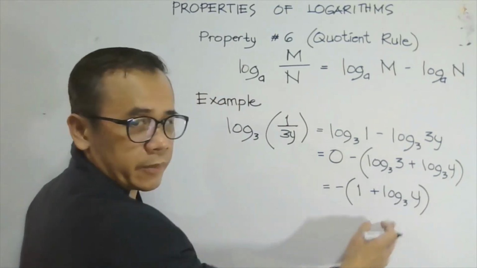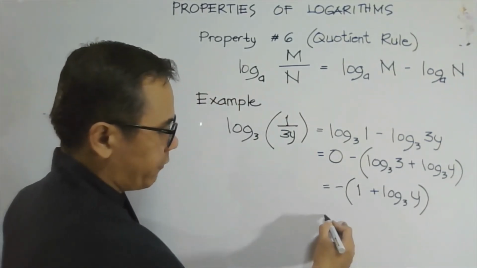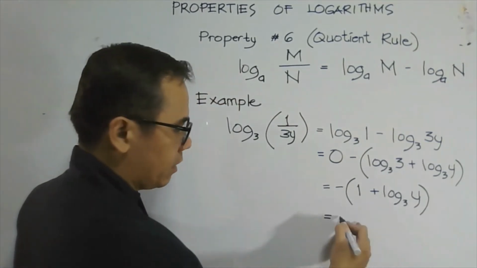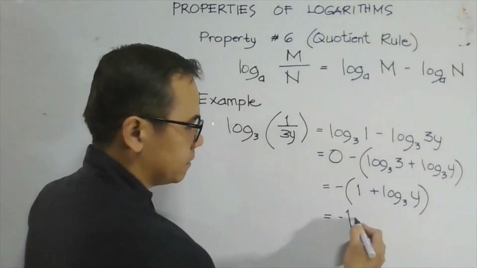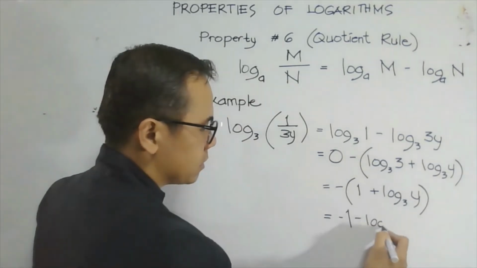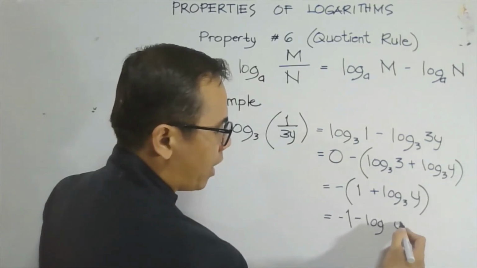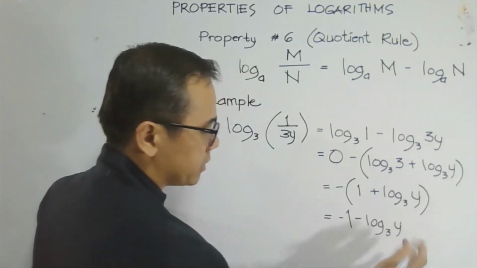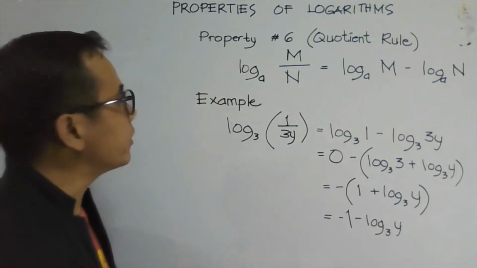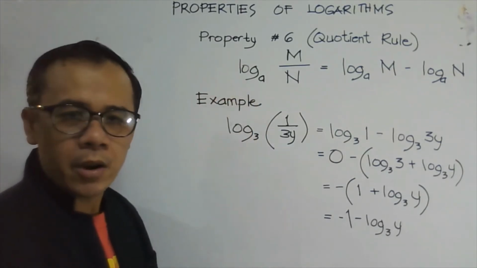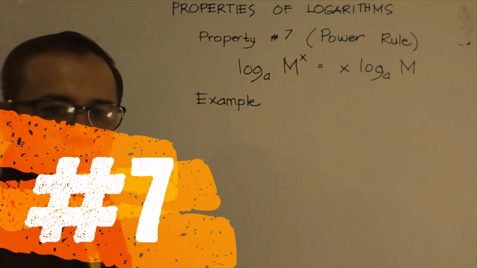Let's distribute the negative sign. So our final answer would be negative 1 minus the log of y base 3. So this is for property number 6.